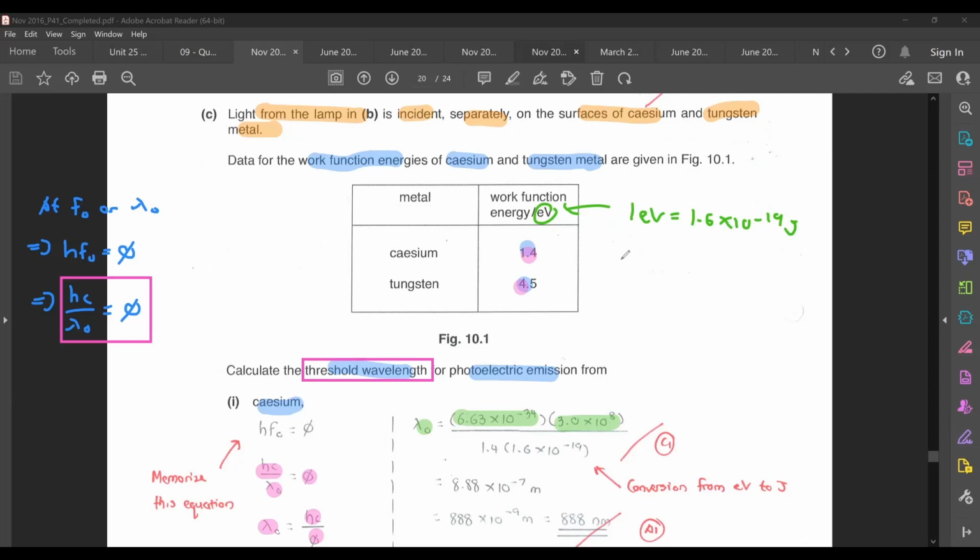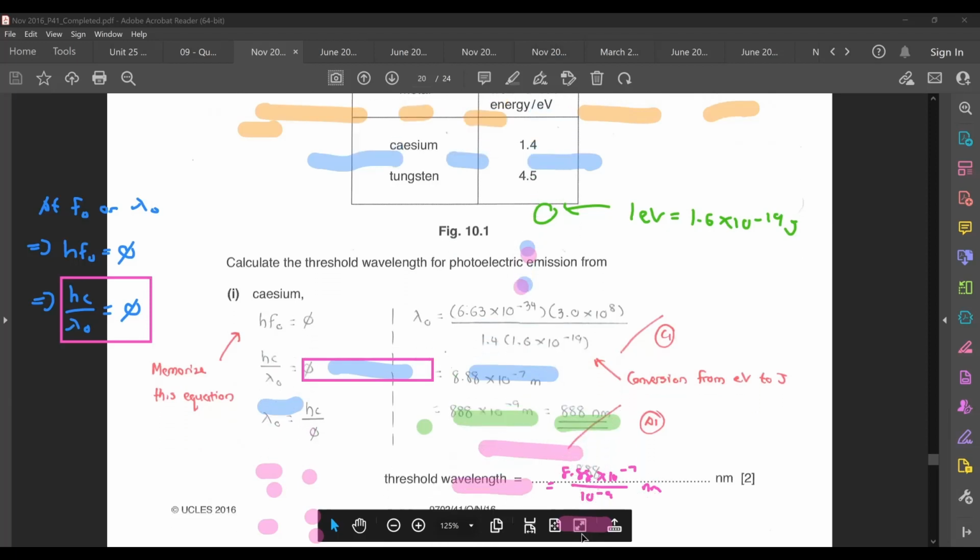So eV is actually another unit of energy. Make sure you convert it to joules by multiplying by 1.6 times 10 power minus 19. Eventually, you will get 8.88 times 10 power minus 7 meter. To convert it to nanometer, you divide by 10 power minus 9, so that you get 888 nanometer. This is the threshold wavelength for cesium.